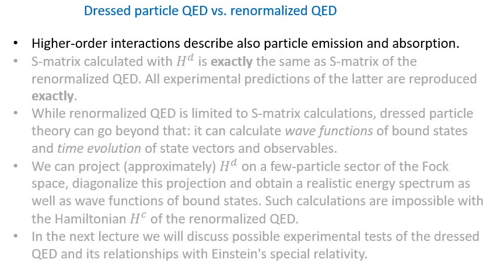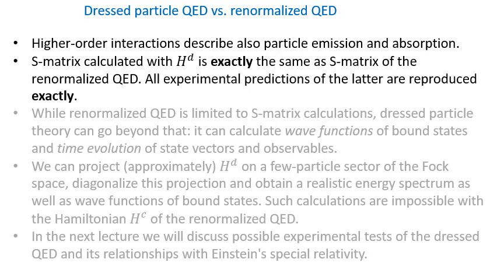Processes involving particle creation and annihilation can be treated as well. It is remarkable that the dressed theory S-matrix is exactly the same as the S-matrix of the renormalized QED. So all good theoretical predictions of the latter are reproduced.